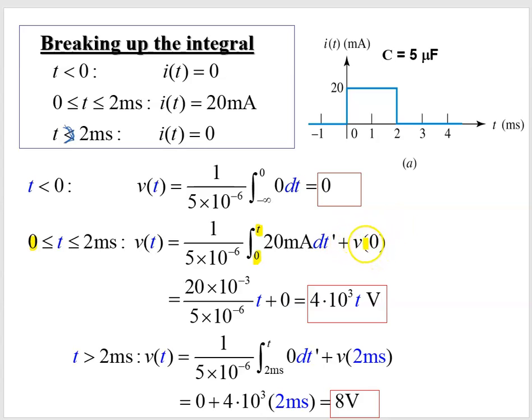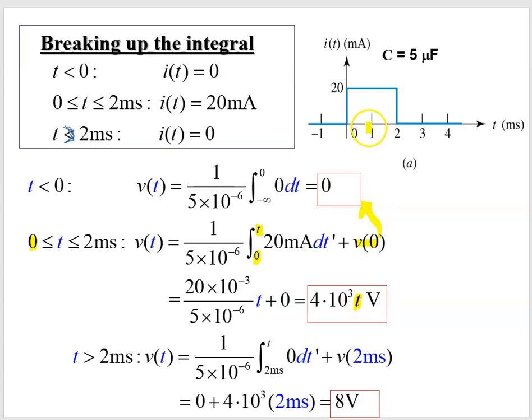And then our v of 0, we go back up here, that v of 0 was just equal to 0. So we end up with our 20 times 10 to the negative 3 divided by 10 to the negative 6. So we end up with 4 times 10 to the 3, or 4,000 t.